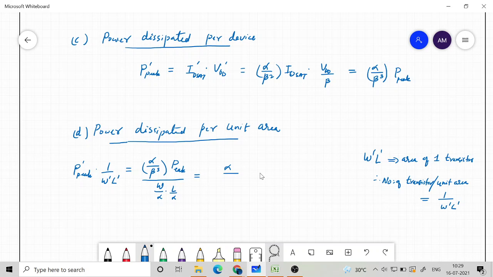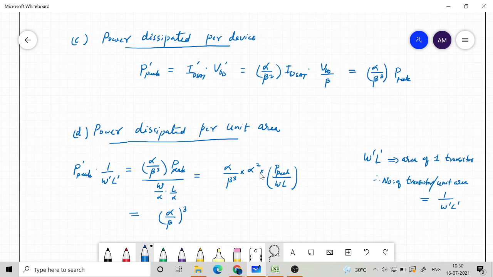So that is alpha by beta cube into 1 by alpha square, so that will be alpha square into power peak divided by WL. So this is basically the earlier power per unit area, and therefore the new power per unit area is basically alpha by beta whole cube.